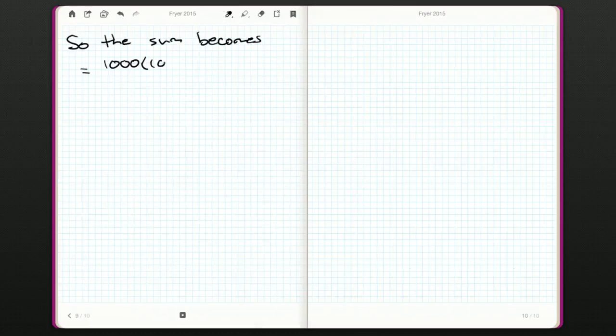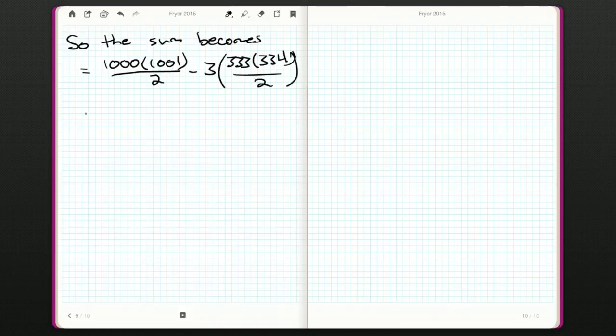So 1,000 times 1,001 all over 2 minus 3 times, and now we need the sum of the numbers up to 333. So we do n times n plus 1 over 2. Okay, and we can punch those out on our calculators if we want. So this becomes 500,500 minus 3 times, well, 333 times 334 divided by 2.